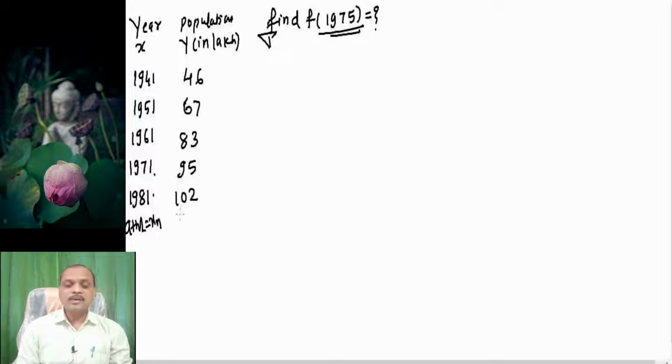backward differences. This is my a plus nh term, or we call it xn, and this is f of a plus nh.